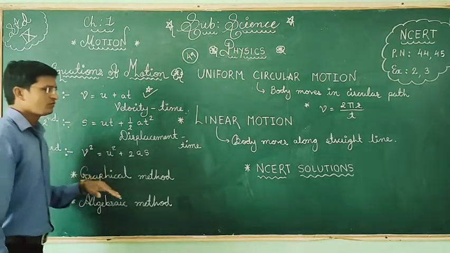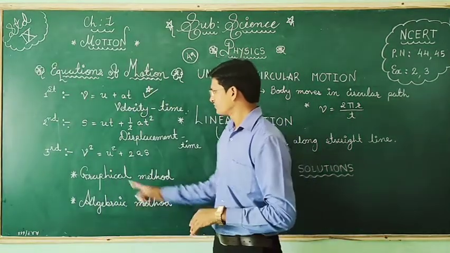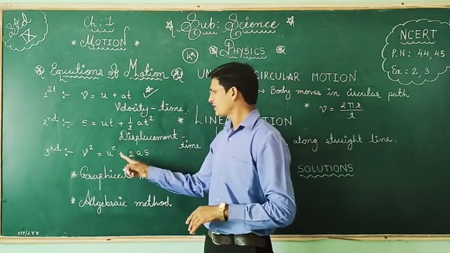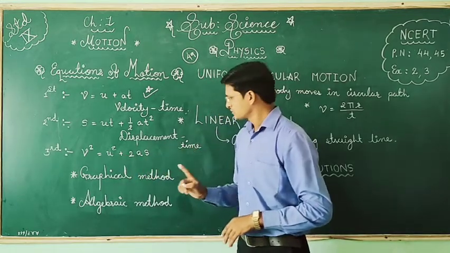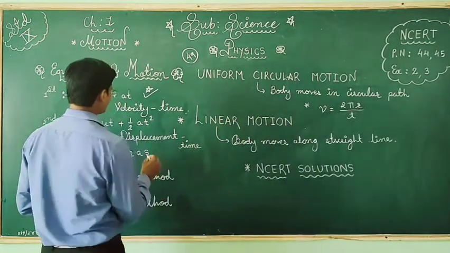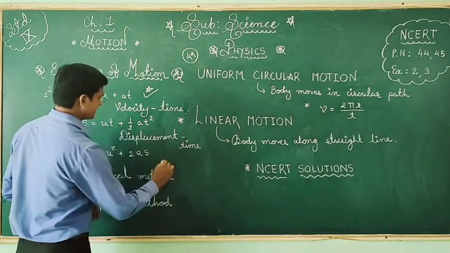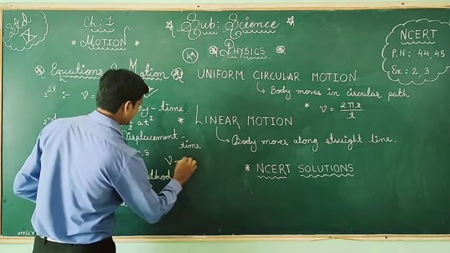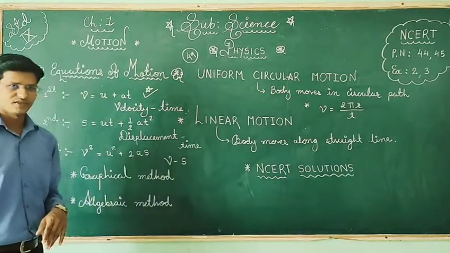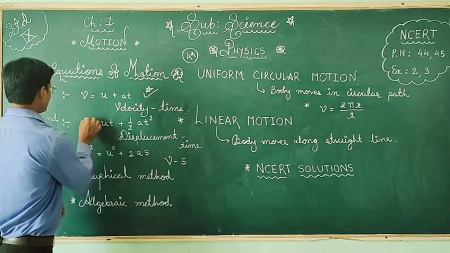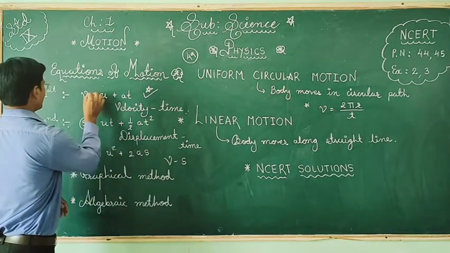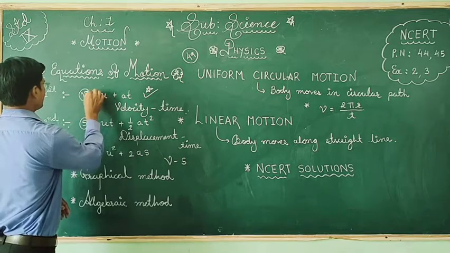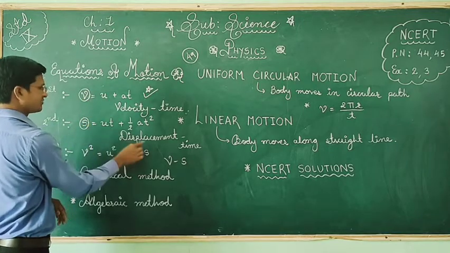Third equation of motion is v square is equal to u square plus 2as. This shows the relationship between velocity and displacement. Here v is for the velocity and s for the displacement.